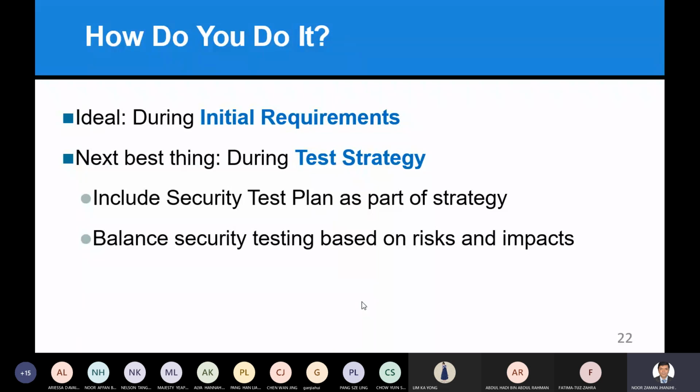Always keep a balance between security testing and risk and impact, calculate the threats, define, level and rank them, and identify which requirements could possibly have security issues in the future. I hope you understand the concept of what we are trying to deliver and discuss.